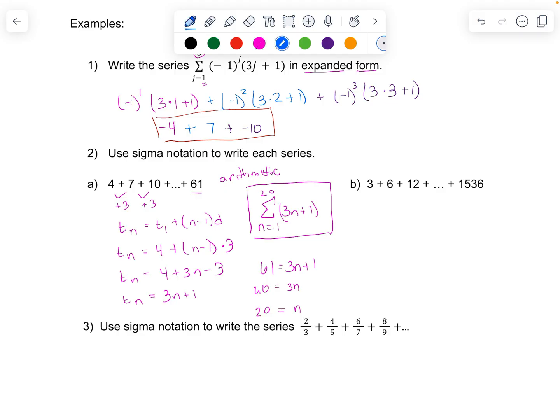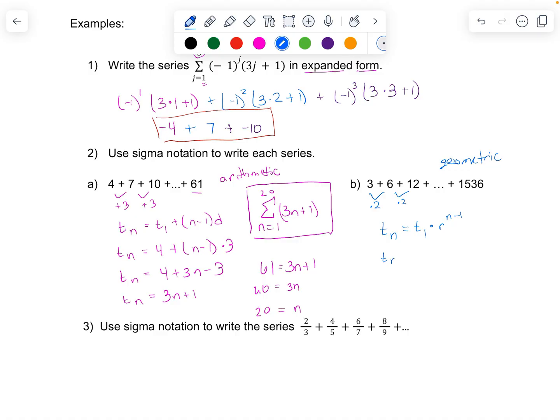For the second one, I am noticing that 3 times 2 will get me 6, and 6 times 2 will get me 12, so that makes this a geometric. So that formula from lesson 3 is t sub n is equal to t sub 1 times r to the n minus 1 power.